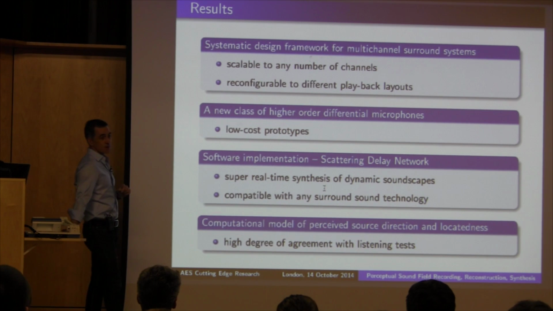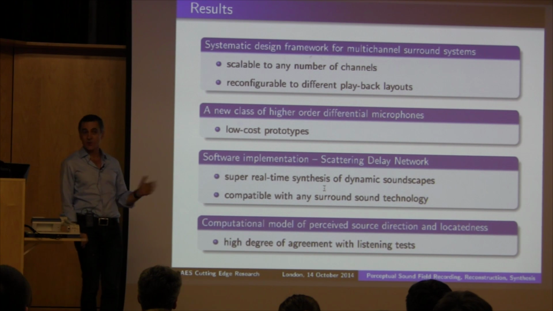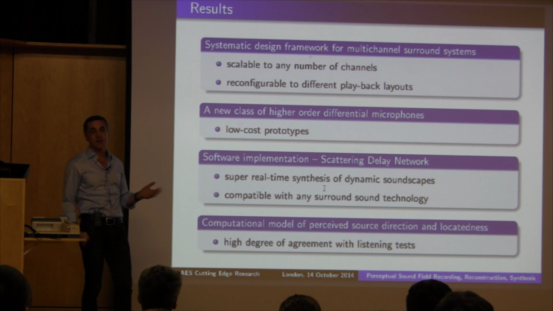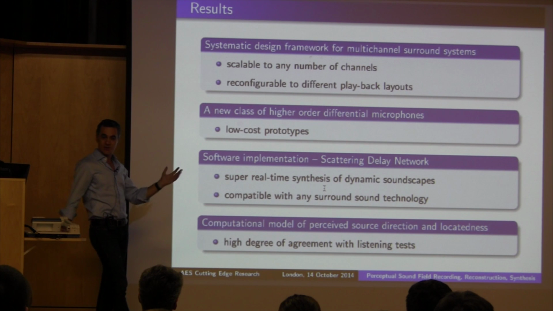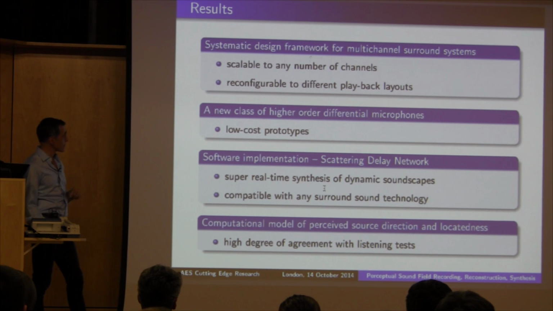Basically, what we present here is a systematic design framework for multi-channel surround systems, which works for an arbitrary, reasonable number of channels, starting with 5 and on, and which is applicable to any kind of circular distribution of loudspeakers. It can be 5.1, it can be a regular configuration, etc.